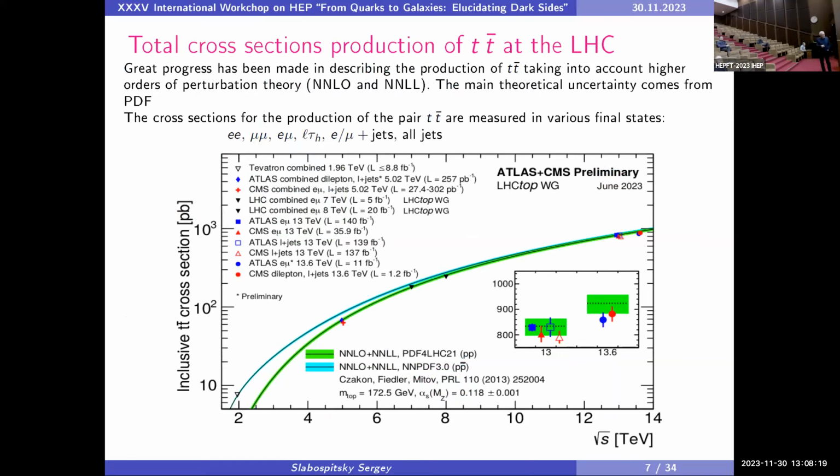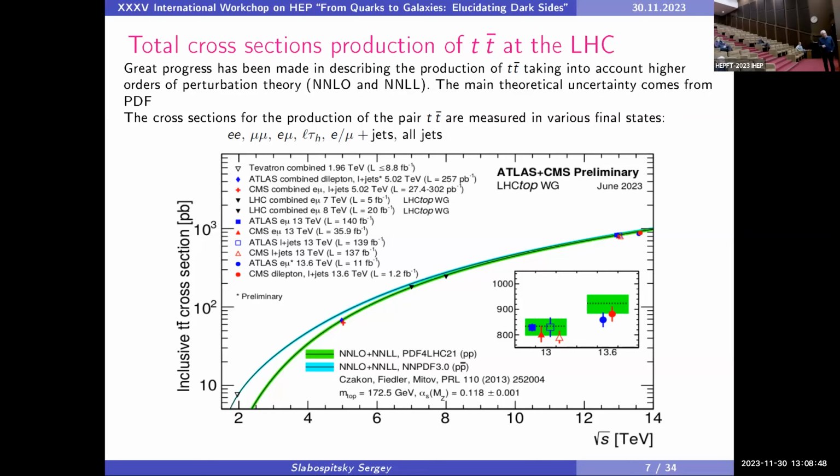Here is the data from the Tevatron, and the blue curve is the prediction for the P P-bar collisions. The green curve represents the predictions for the PP collisions, and you can see we have at least, let me remind you, 7 points of the TT-bar total cross section production at different energies.